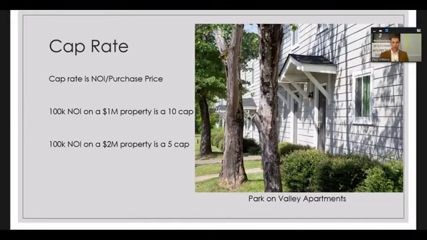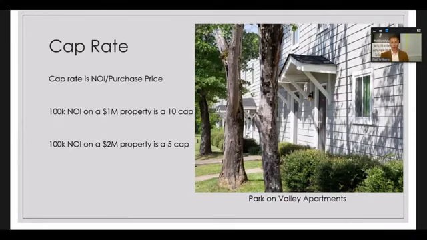You have $100,000 a year of expenses. Then your net operating income, after all expenses are paid, excluding debt, is $100,000. So in this example, $100,000 net operating income on a $1 million property is a 10 cap.